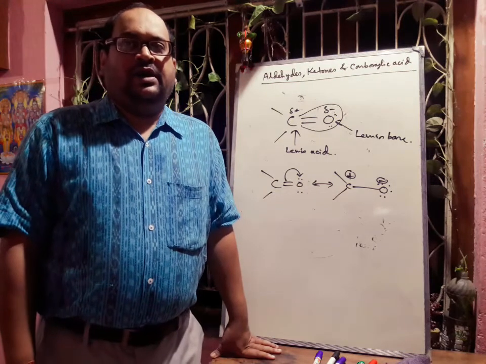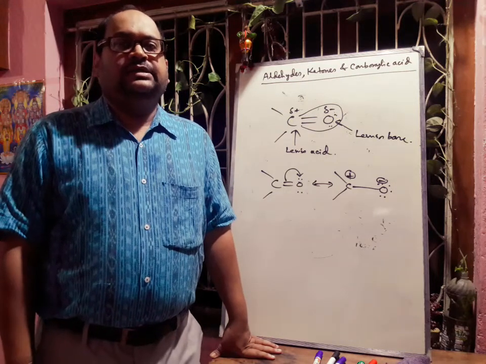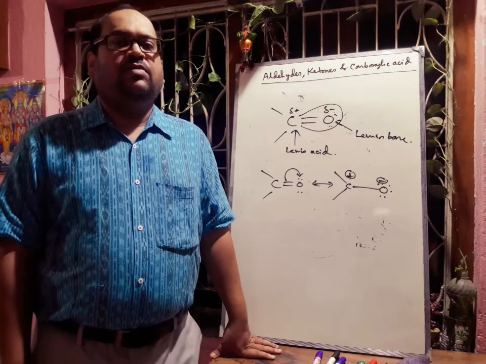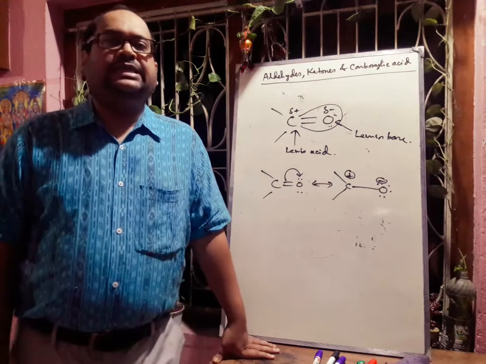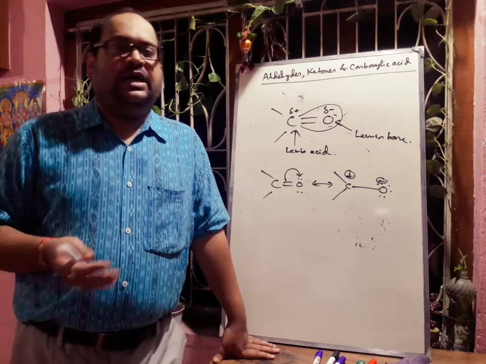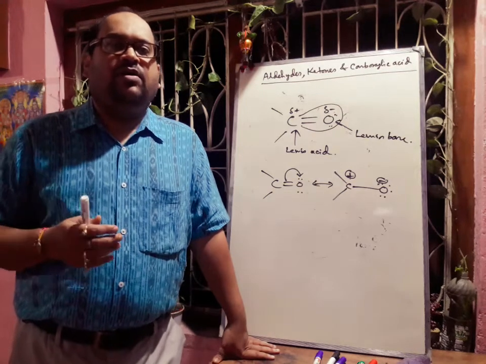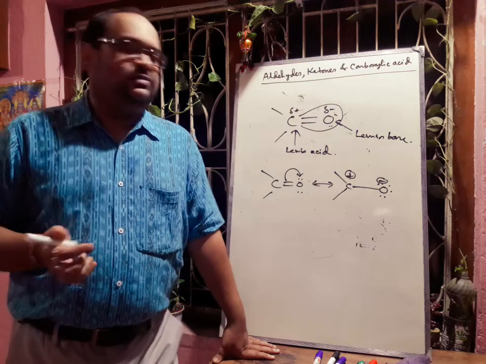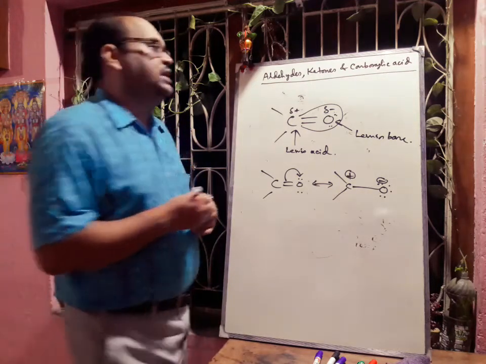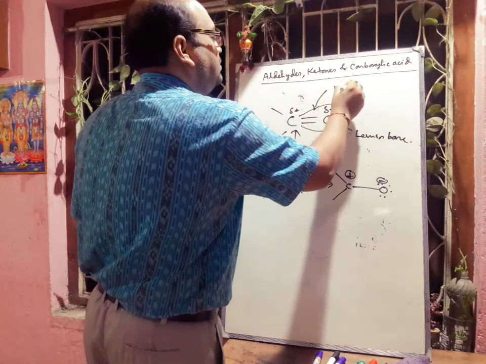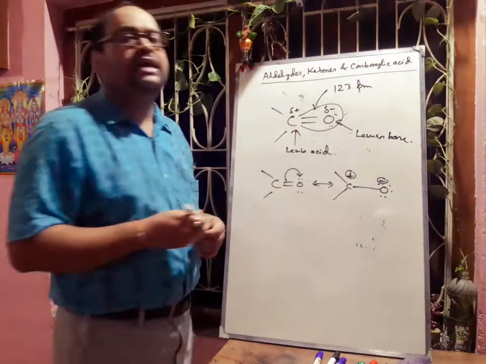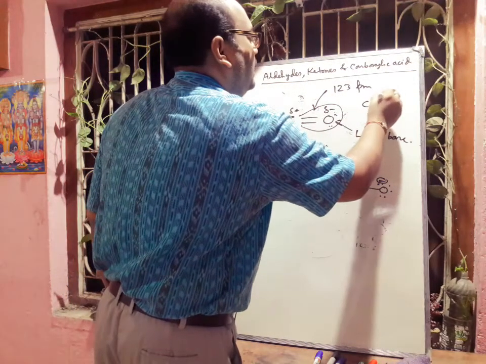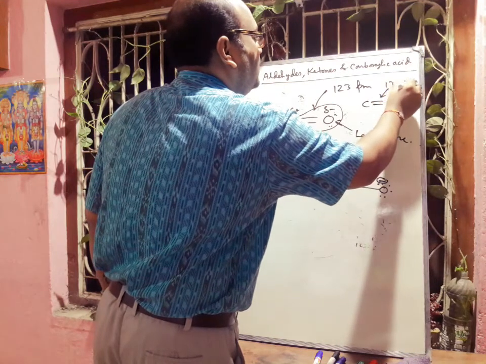Now if we compare the C=O bond, that means the carbonyl bond, and the carbon-carbon double bond, that is the olefinic bond, then we can say that the carbon-oxygen double bond is polar, but the carbon-carbon double bond is non-polar. The carbon-oxygen bond length will be shorter, 123 picometer. But in the case of the carbon-carbon double bond, the length will be 134 picometer.